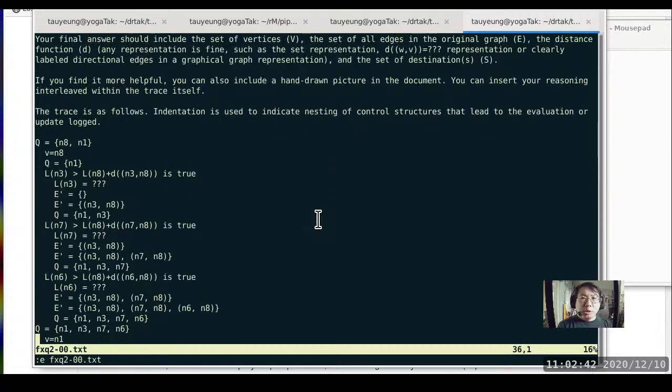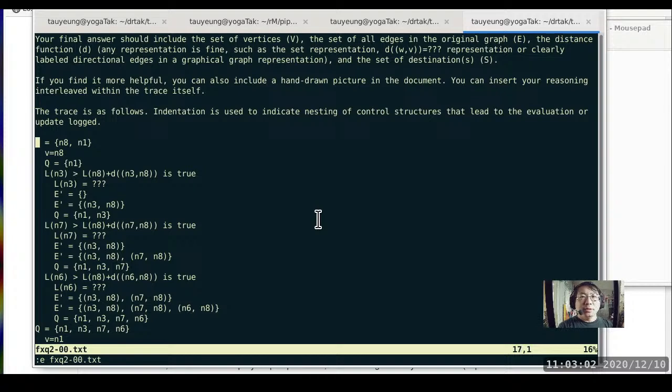So how do we approach this problem? The first thing you want to do is to say Q is initialized to N8, N1, because that's the initial state of Q at the very beginning of the trace. That tells you one particular answer right away.